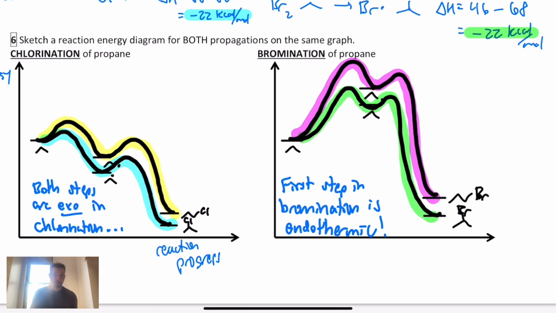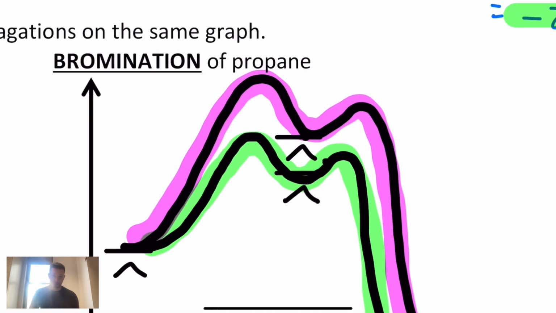And we can go a little bit further than that and explain why the first step being endothermic makes it that much more selective. It has to do with these activation energy curves that we drew. And even though we don't have kinetic data, we're using the thermodynamic data to approximate what those kinetic curves look like. When you have an endothermic first step, there is a larger difference in activation energy.